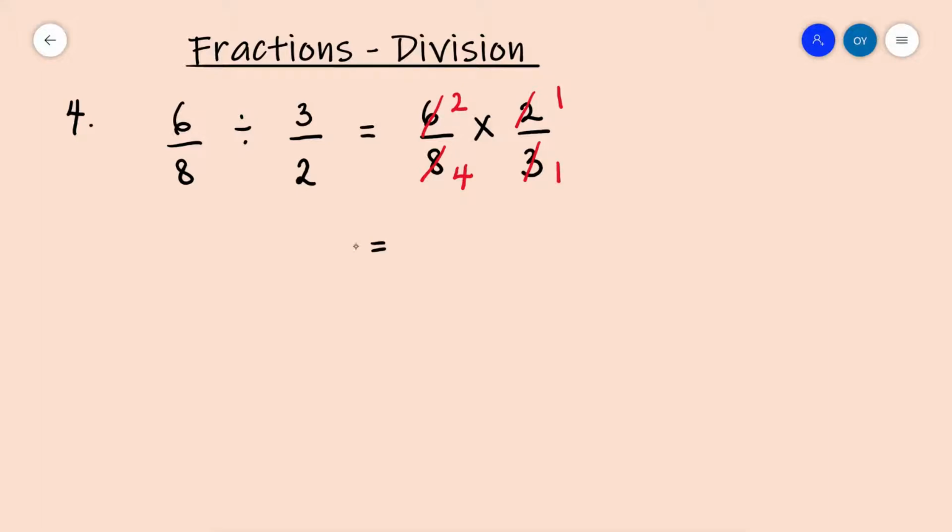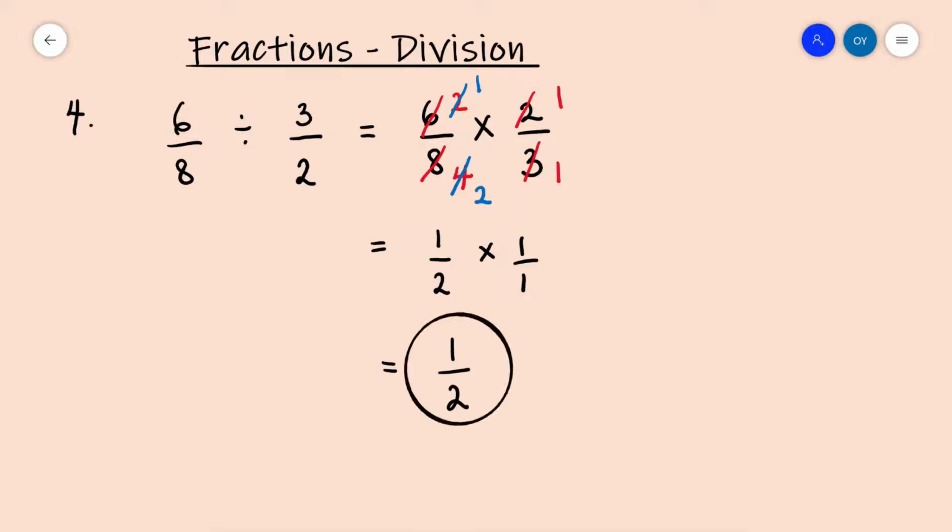So we are left with 2 also divides 2, 1. 4 divides 2, 2. So we are left with 1/2 multiplied by 1/1. And this is 1 divide 2. And that is half.